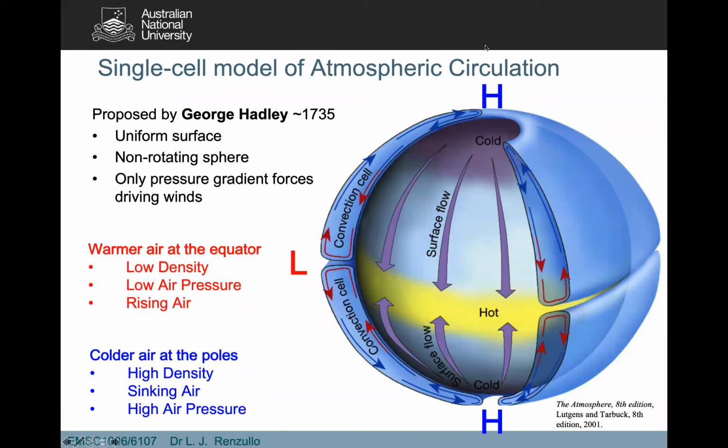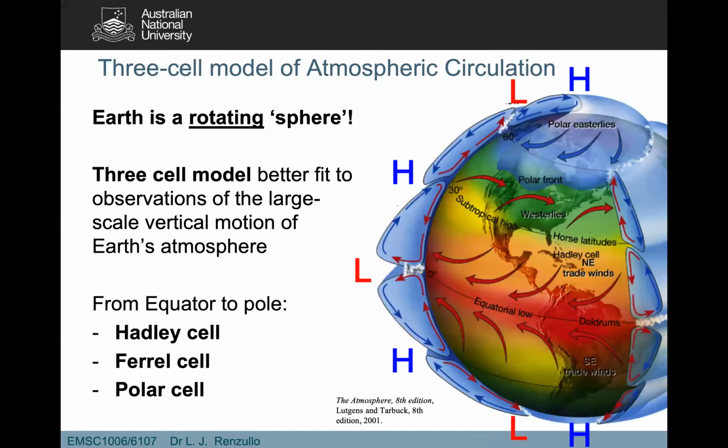But the problem is that this isn't what we observe when we look at major circulation patterns or airflow on the Earth. For starters, Earth is not a static sphere, it is a rotating sphere. And what has subsequently been proposed is a 3-cell model that fits a lot better with what we observe with regard to the large-scale vertical motion and the horizontal winds.